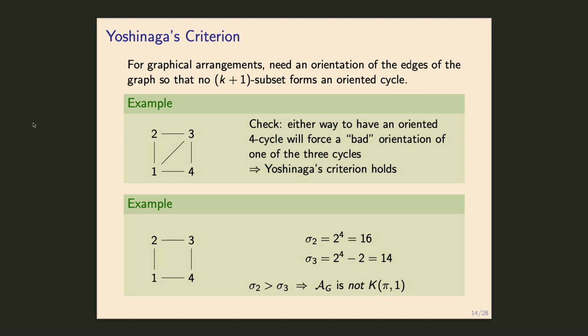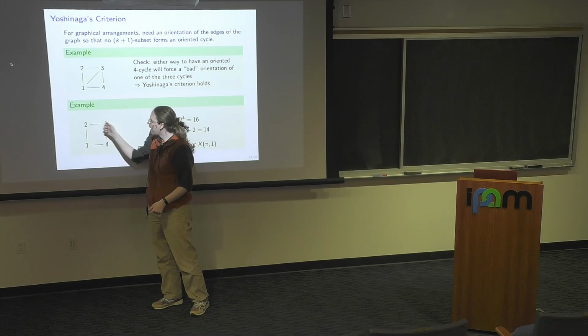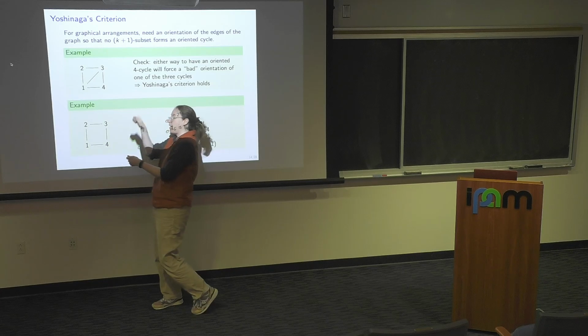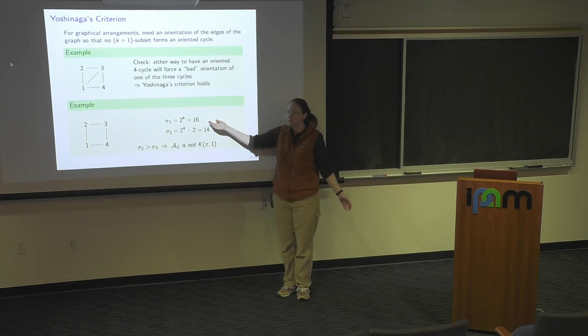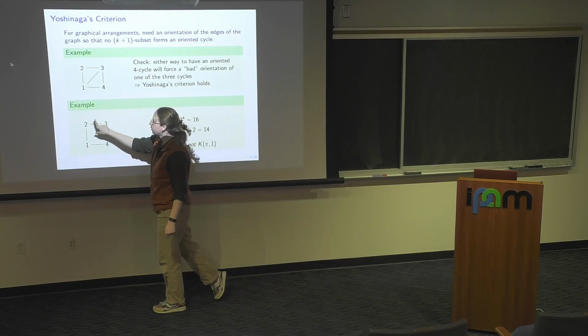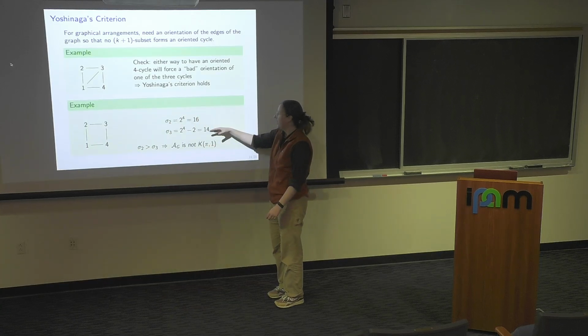On the other hand, this arrangement, you can just check sigma 2, so you can orient this any way you want, and you'll never produce a 3 cycle that's oriented so you can walk around it without going backwards on an edge. So there's 2 to the 4, 16 different orientations of this that don't cause issues for a 3 cycle.